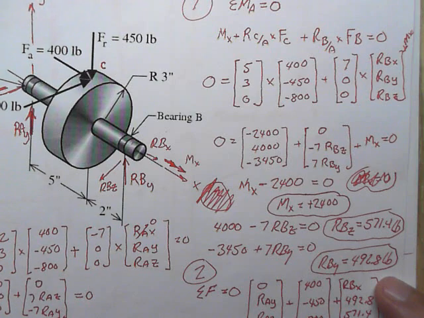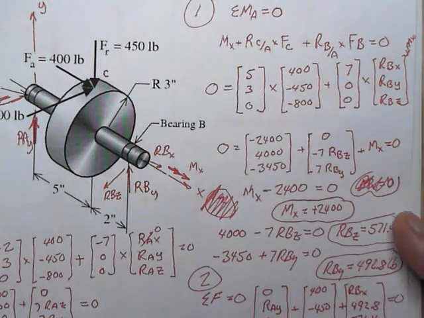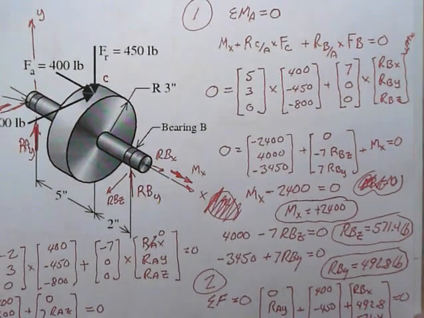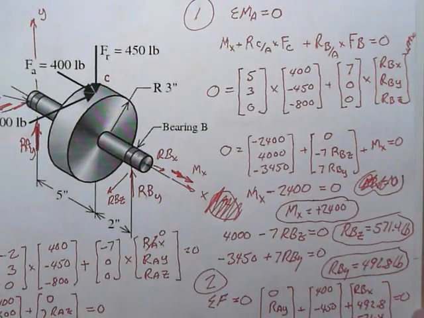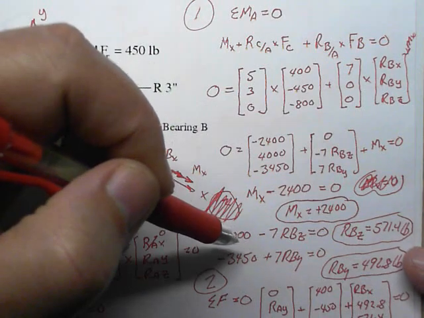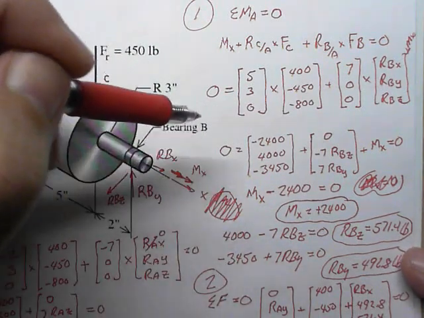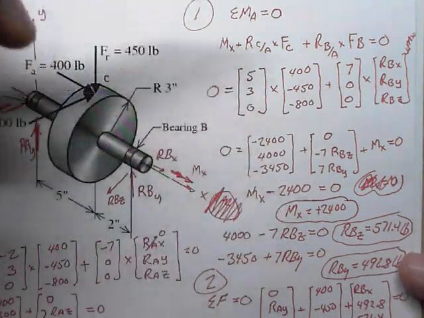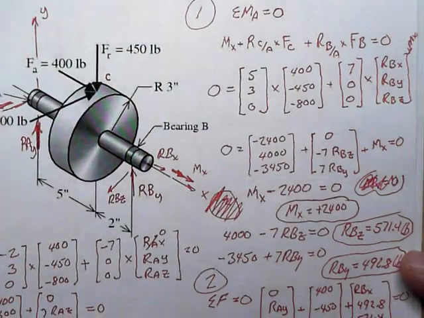So I've solved for the reactions at B, or at least some of them. RBX, in fact, never came into the equation. It'll have to be found by other means.